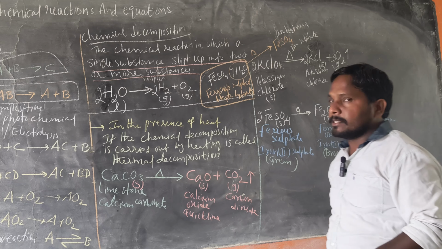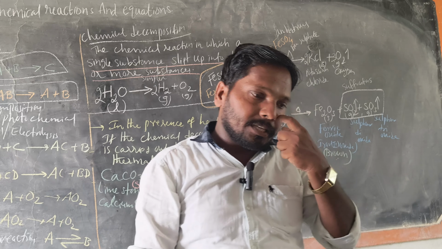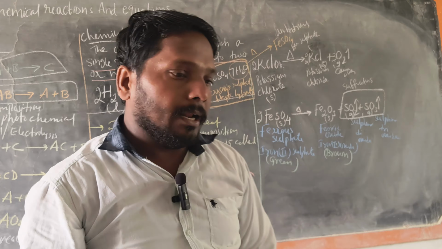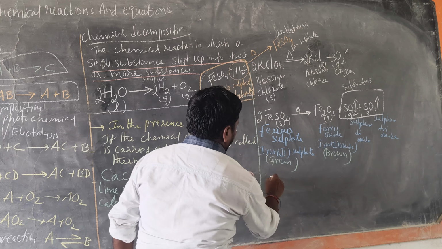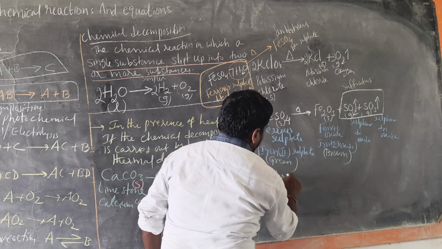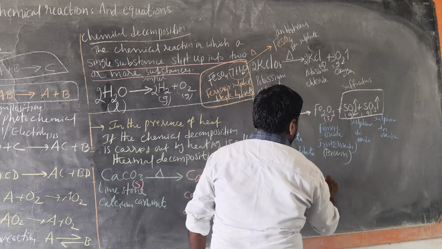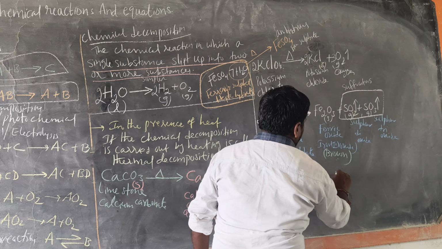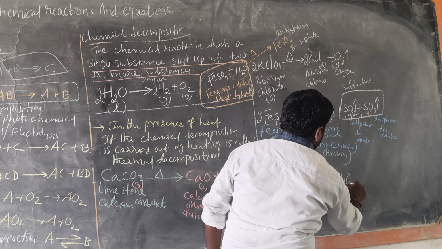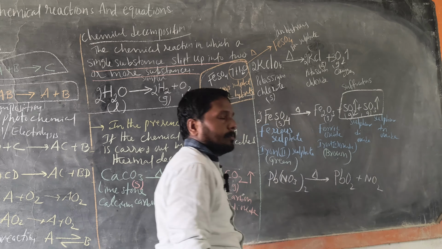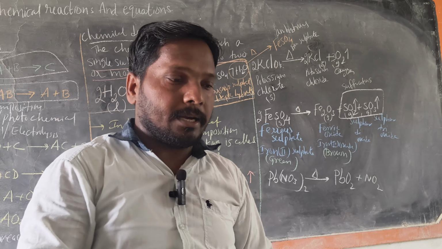Then one more example, dissociation of lead nitrate. Pb(NO3)2 on heating gives lead oxide plus nitrogen dioxide.